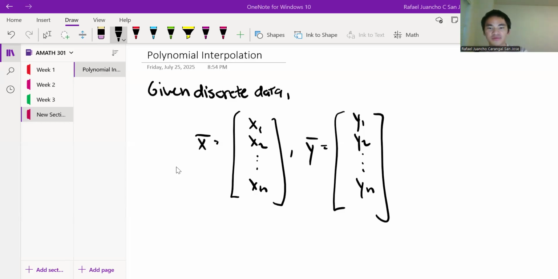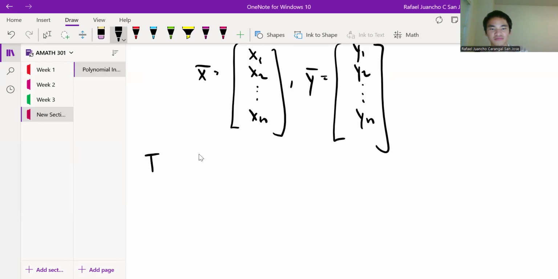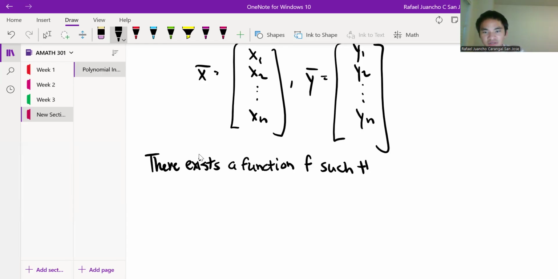So we're going to assume that there exists some function f such that if we were to plug in a certain x value, we would get its y value, right? So we would get its y value.